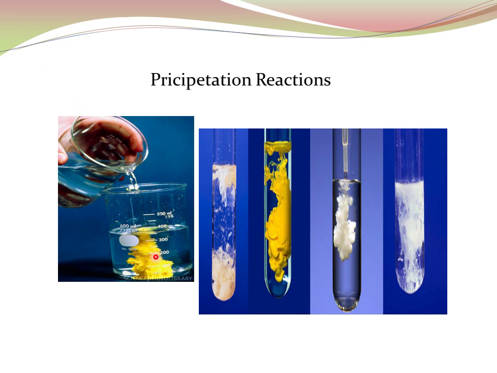Here you can see the yellow precipitate, also white precipitate, yellow precipitate, white precipitate. So the precipitate again will stay down or fall out of the solution. Okay, so here are examples for precipitation reactions.